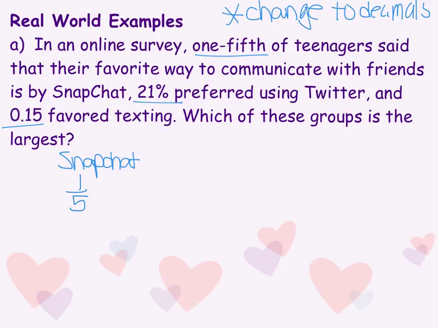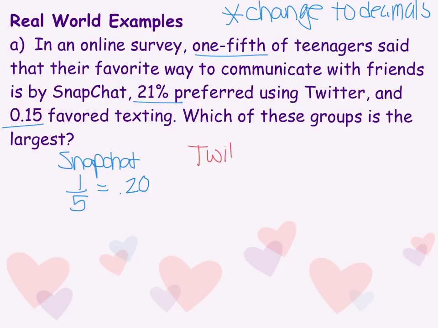This was on your last weekly review quiz. You're going to divide, and you can use a calculator for this. You're going to take 1 divided by 5, which is 0.2, and I'm going to put all of them to 2 decimal places. So I'm going to fill that in with a 0.